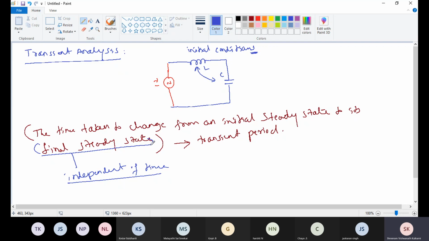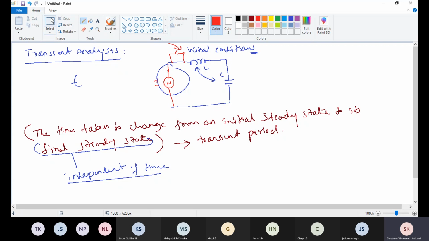We are assuming at what time t we are going to insert this source, or if I have any switch in between, at what time I am going to close it. Depending upon that, we are going to write some differential equations. Then we will see how the inductor, capacitor and resistance will behave.